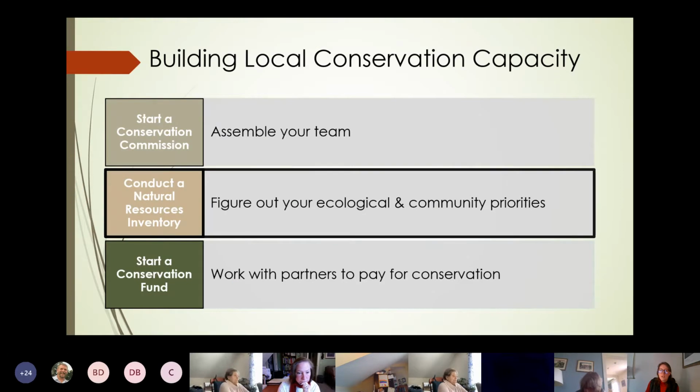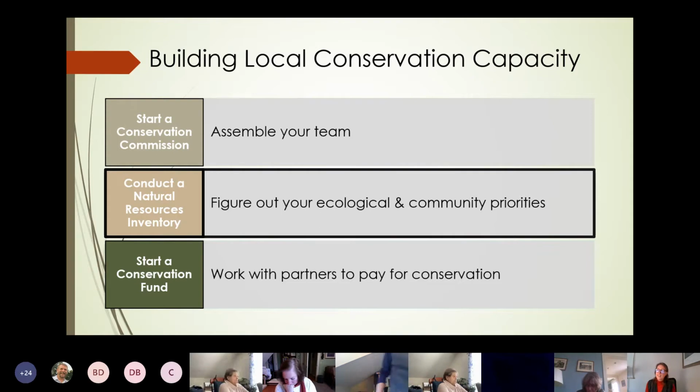So again, thinking about local conservation capacity, I think it's important to start building a structure that will be maintained long term, understanding that a lot of conservation work happens through volunteers. It's important at the bottom to start thinking about, if you don't already have one, building a conservation commission, or ensuring that you have a team of folks at a municipal level who can help advocate for conservation changes in your community.